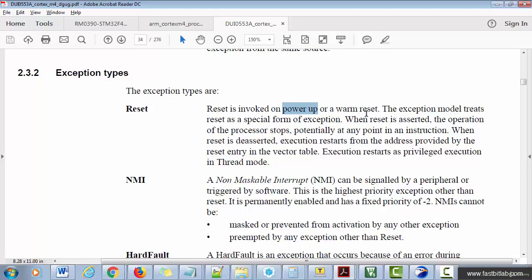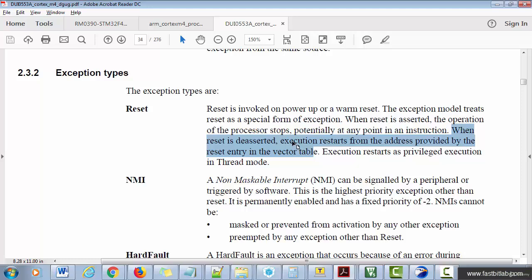When reset is asserted, the operation of the processor stops, potentially at any point in an instruction, and when reset is deasserted, execution starts from the address provided by the reset entry in the vector table. The meaning of this sentence is that when reset is deasserted, execution starts from the reset handler.